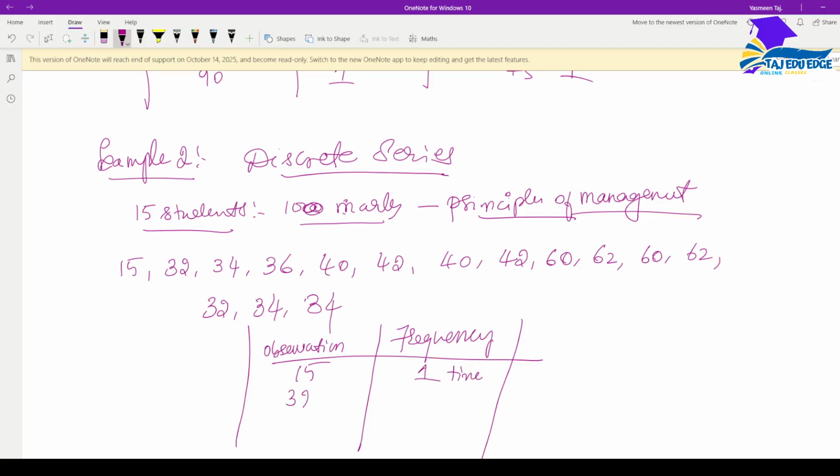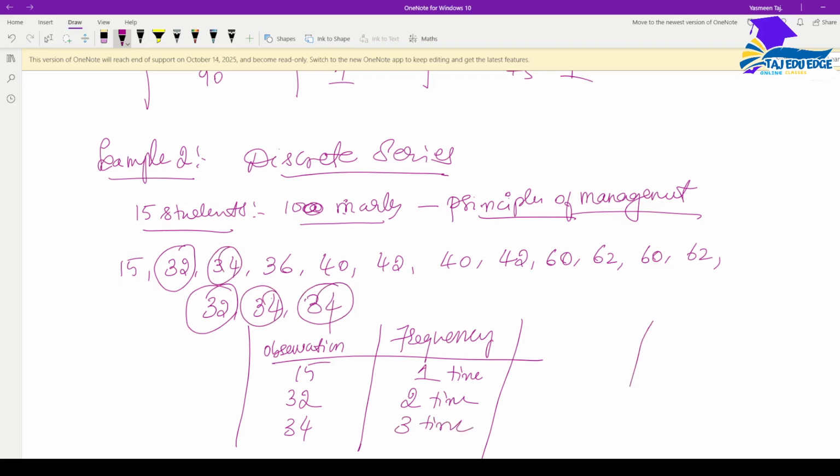Next 32, how many times is 32 there? 32 one time, 32 another time, two times only. So 32 we have two times, that is the frequency. Next 34 we have one time, two times, three times. So this is the frequency.